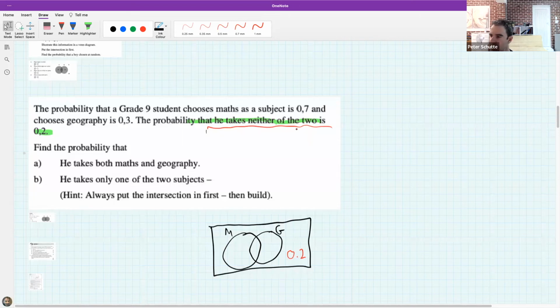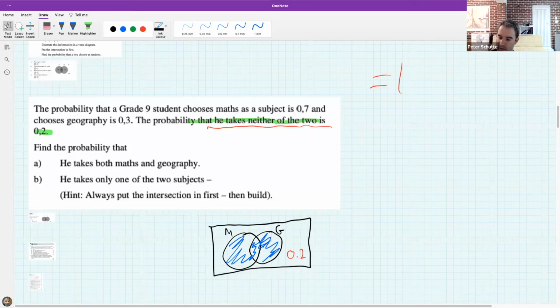So at the moment, Kevin, we're doing the Venn diagrams not in terms of numbers, but in terms of probabilities. And so all the regions in the Venn diagram have to add up to 1. I've just said the probability that he takes neither of the 2 is 0.2, which means this region over here must add up to 0.8.